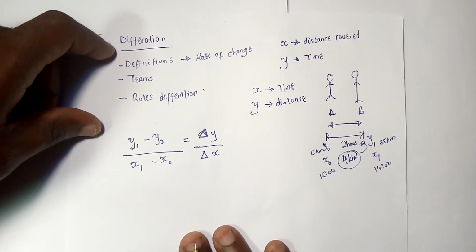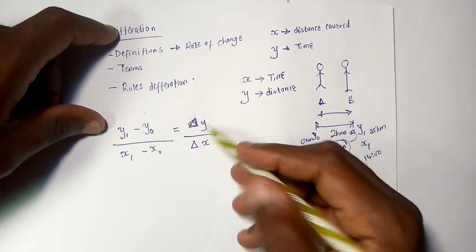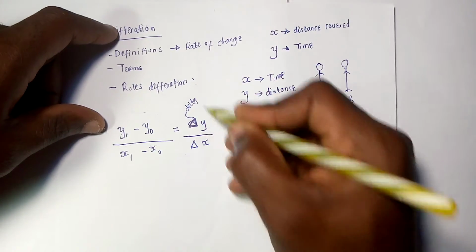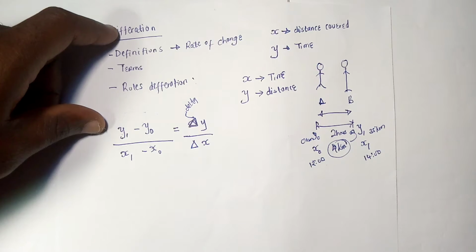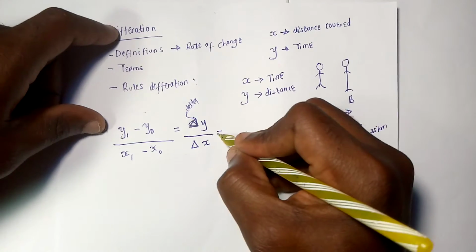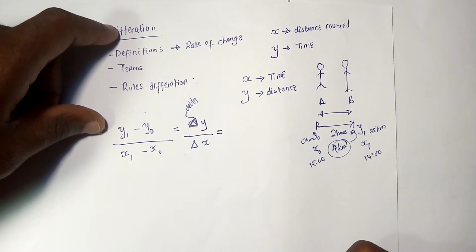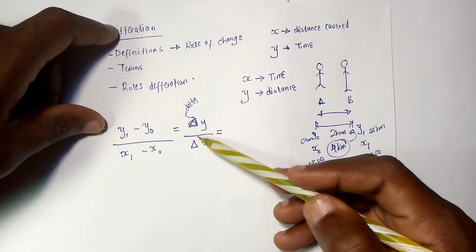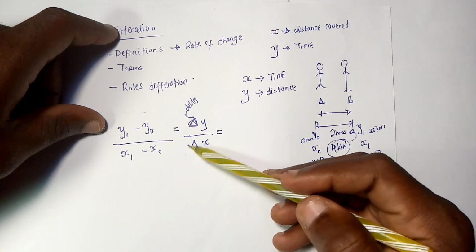So this is the Greek symbol delta. What it means then is that y is changing with respect to x.